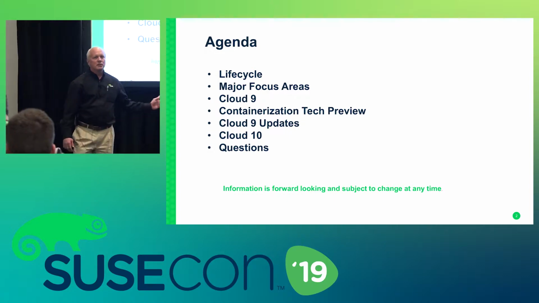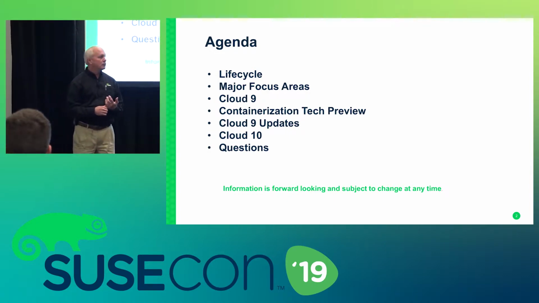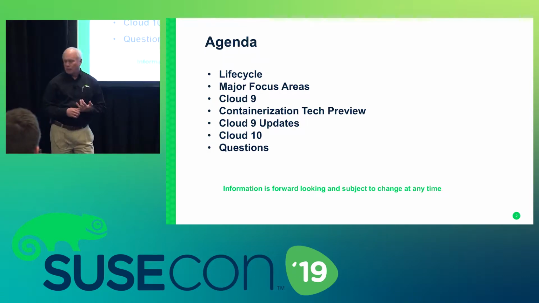So this is our agenda. I want to talk about the life cycle of SUSE OpenStack Cloud, what we've done historically, what we plan for the future. I also want to talk about our major focus areas of improvement. Then I want to talk a bit about Cloud 9, what we actually announced today that will be released at the end of this month.